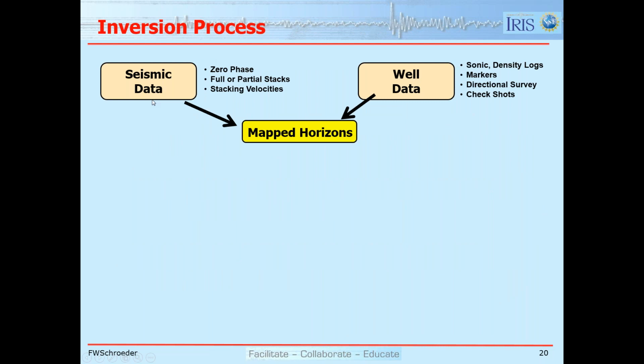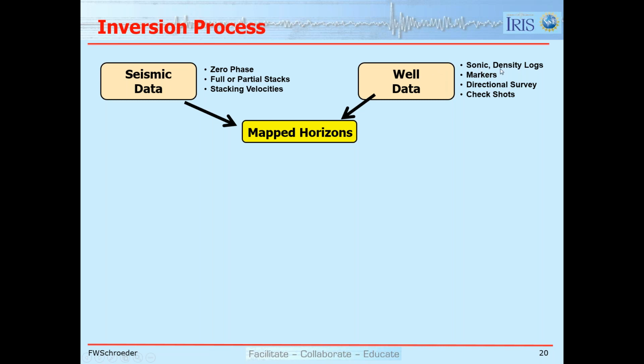So we'll take our seismic data that should be zero phase data. If we know it's not zero phase, we can rotate it to zero phase. We can use full stacks if we don't have AVO in our study area, or we can use a near stack if we do. And then we need an estimate of the stacking velocities, which typically is done with normal seismic data processing.